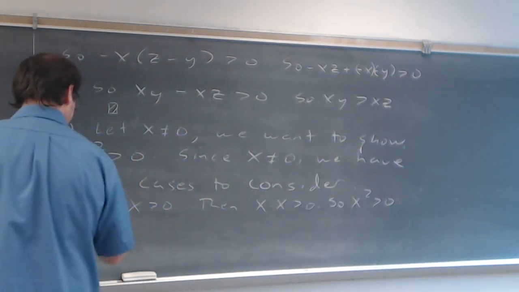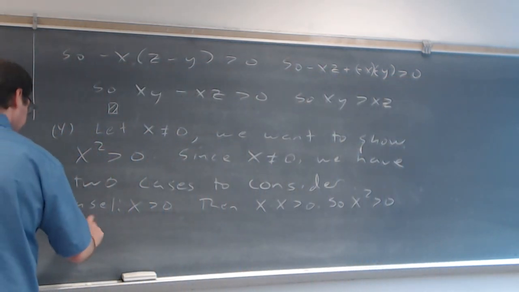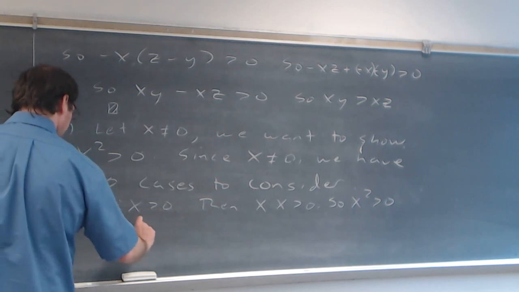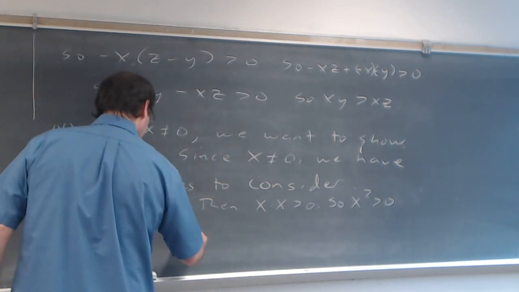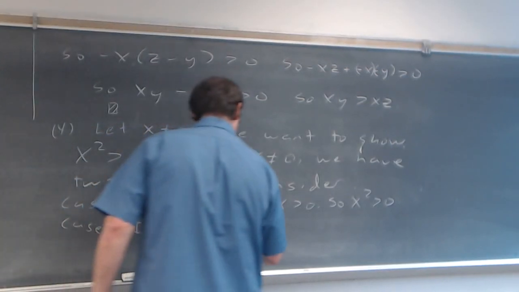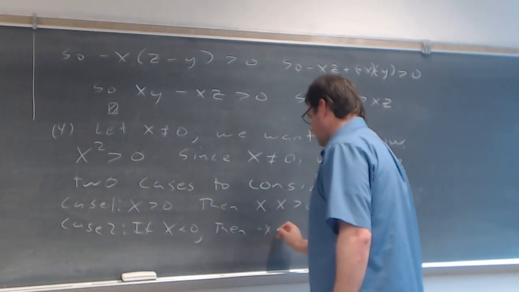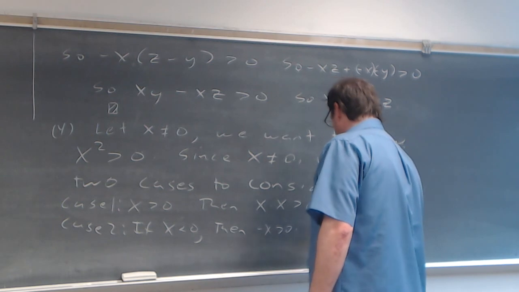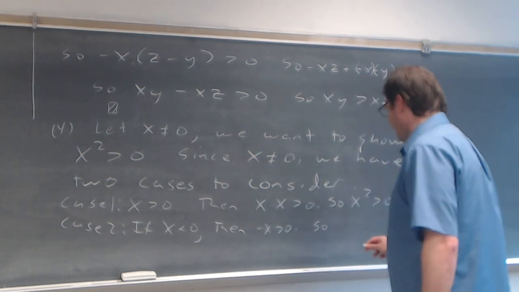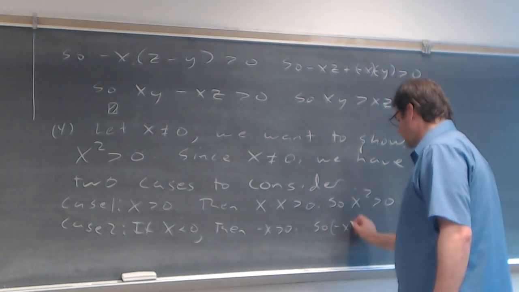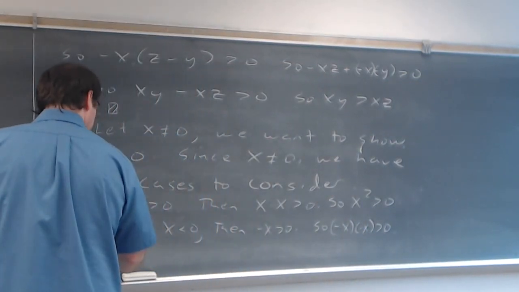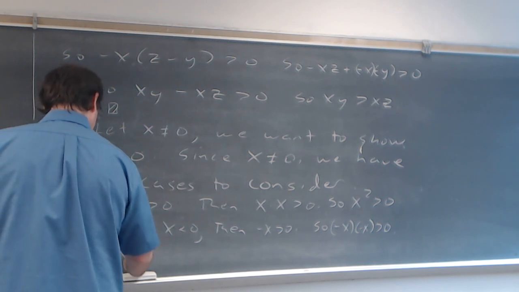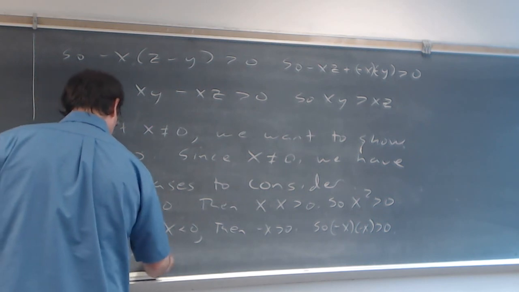So this was case 1. I've got to write that down. Case 2 is, I should say, if x is less than 0, then minus x is going to be greater than 0. So we have minus x times minus x is going to be greater than 0. But minus x times minus x is x times x, which is going to be greater than 0.